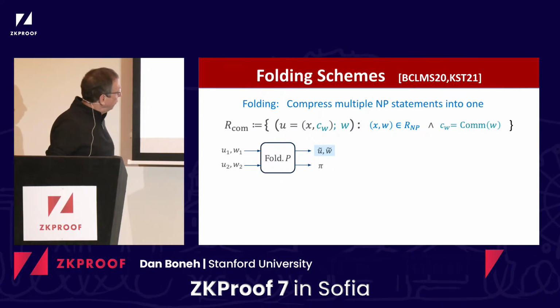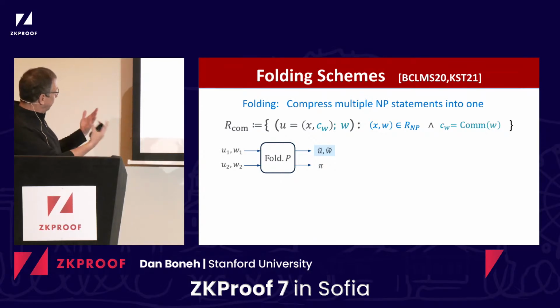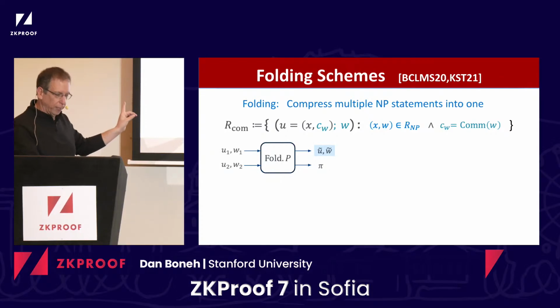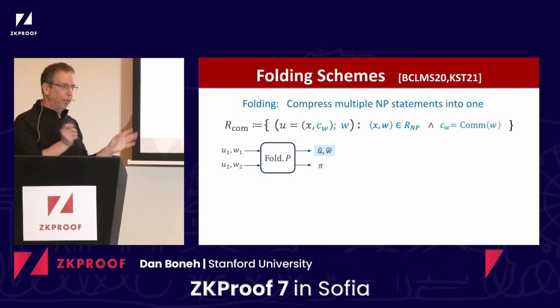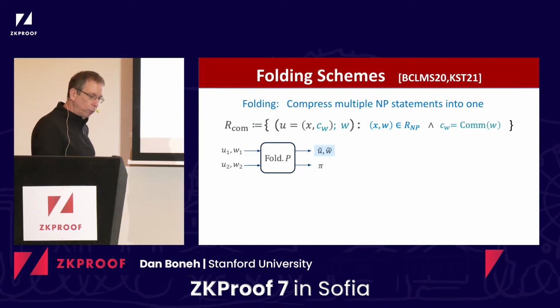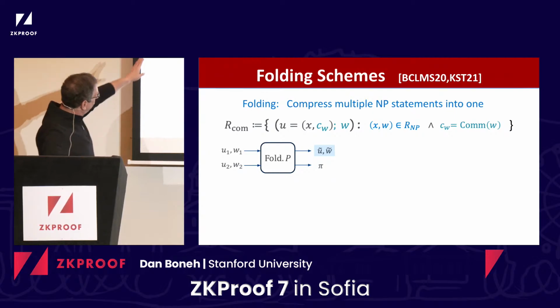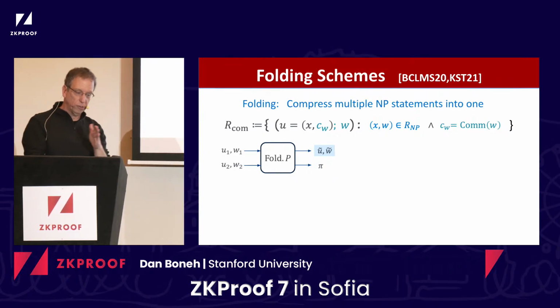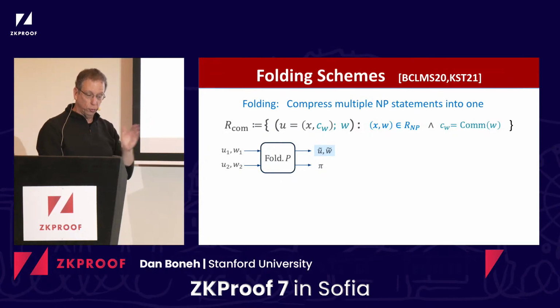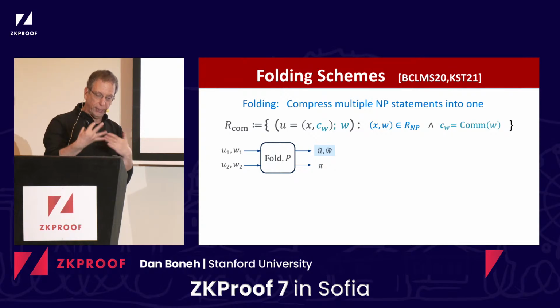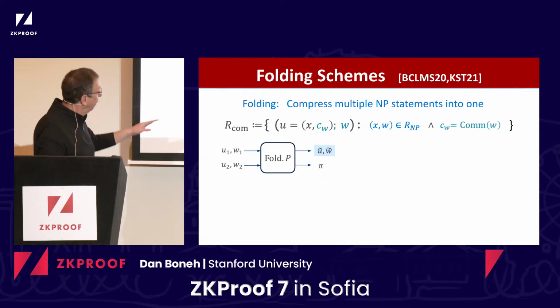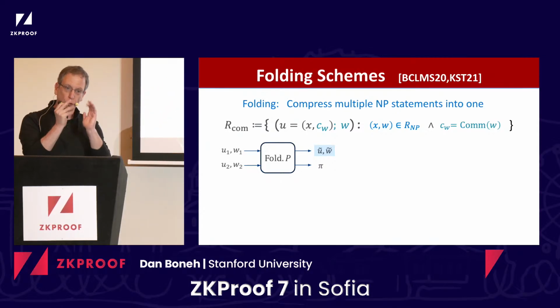Great. Now the way folding schemes work with this R sub com, I think we saw this picture earlier today, but I'll go through it again to make sure everybody remembers it. We start with two statement-witness pairs, U1 W1 and U2 W2. The folding prover will work very quickly to produce a folded statement, U tilde and W tilde, plus a folding proof that the folding was done correctly.